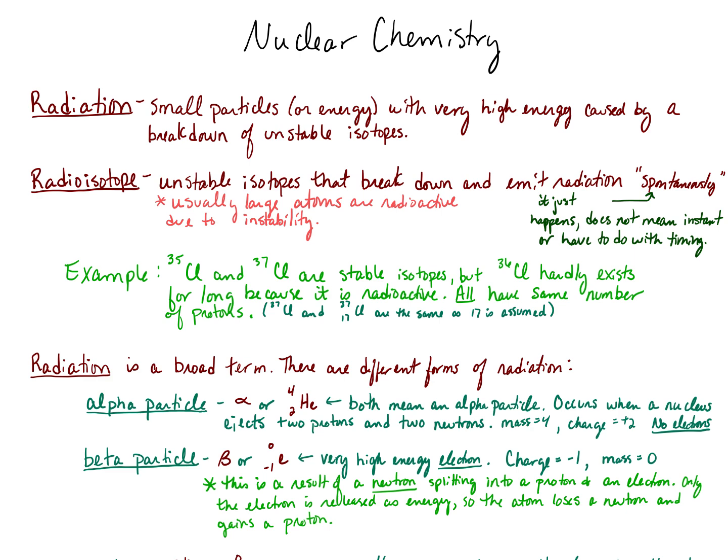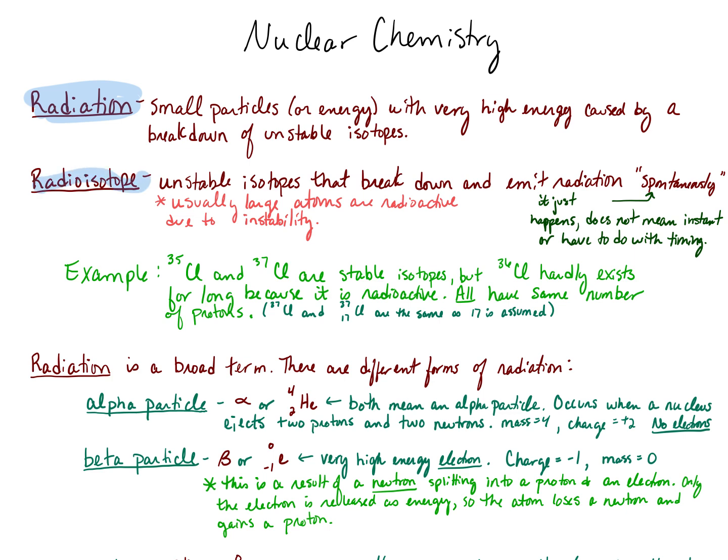So let's start with the basic definition: what is radiation? Radiation is small particles or very high energy that's caused by the breakdown of an unstable isotope. If you remember, an isotope is something that has a different number of neutrons. There are certain atoms that, if you have a lot of extra neutrons, can be relatively unstable and just spontaneously come apart.